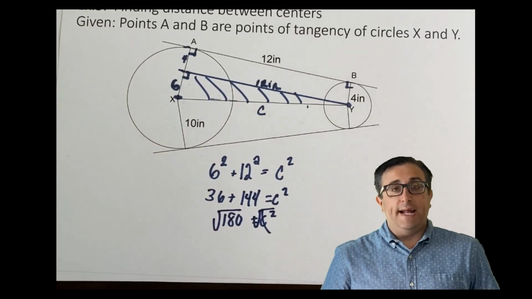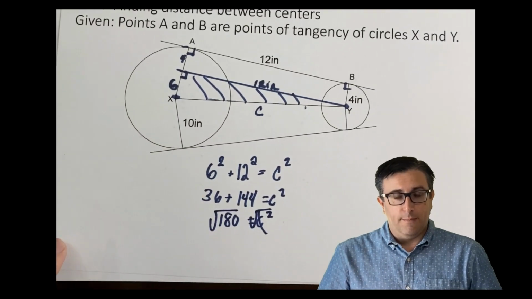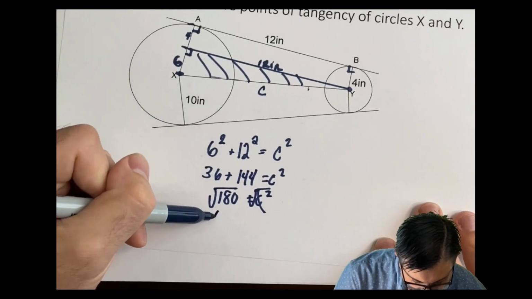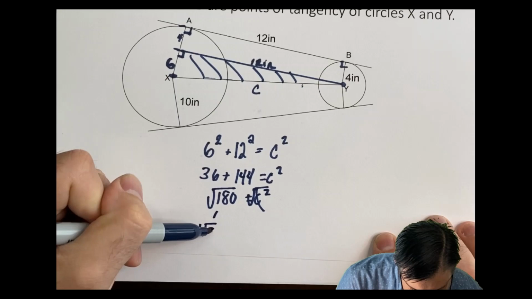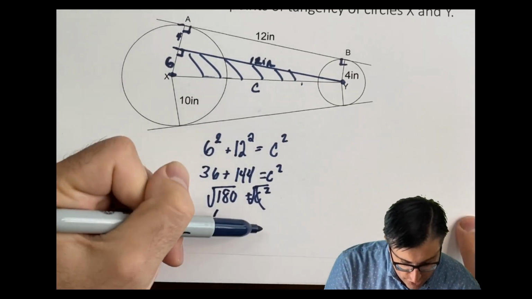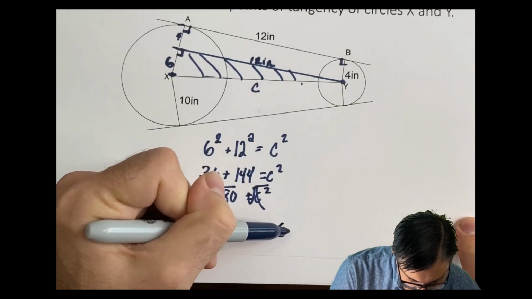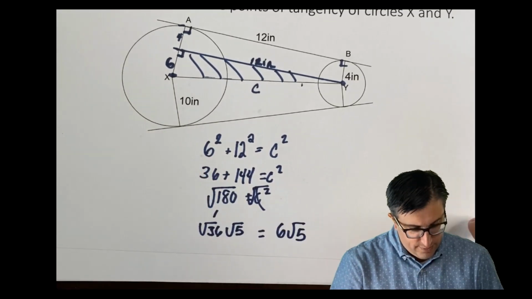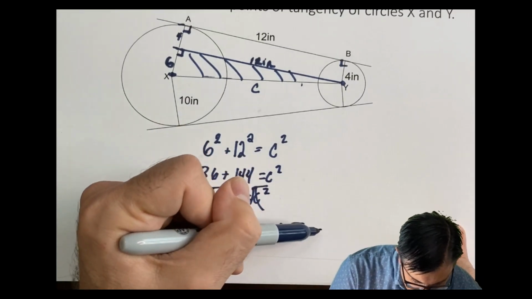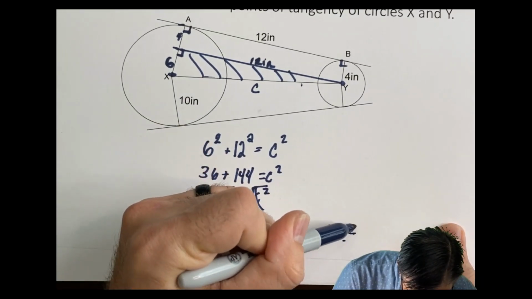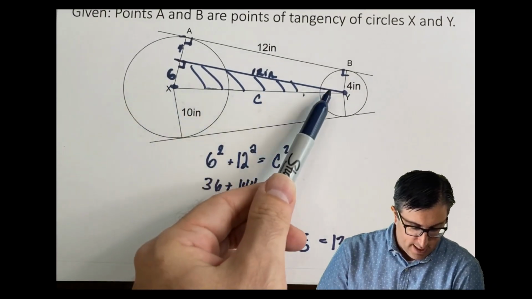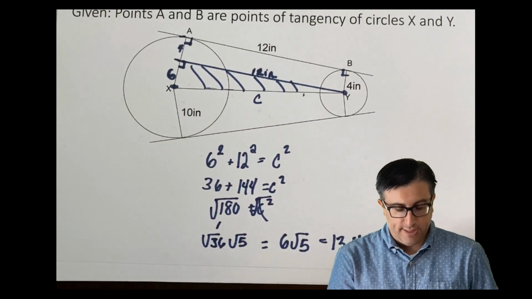The square root of 180 can be broken into 2 numbers, one of which is a perfect square. 180 can be broken into 36 and 5. The square root of 36 is 6, so we get 6 radical 5. And 6 times radical 5, if you needed it in decimal form, is 13.4. So the distance between X and Y is 13.4.